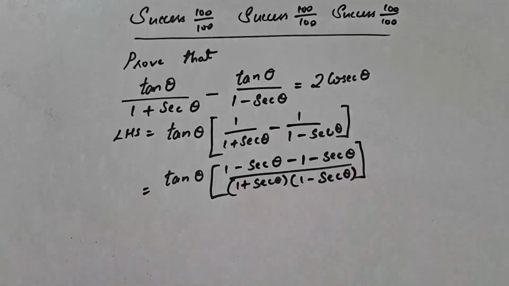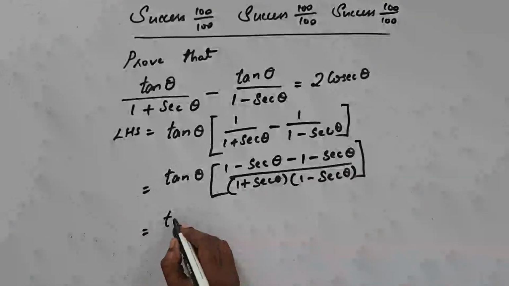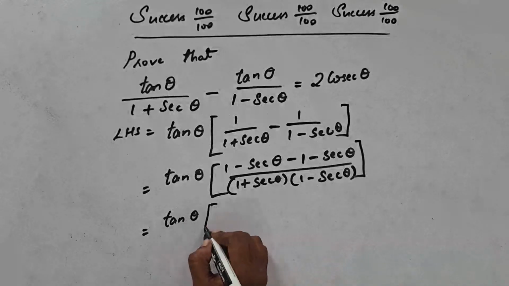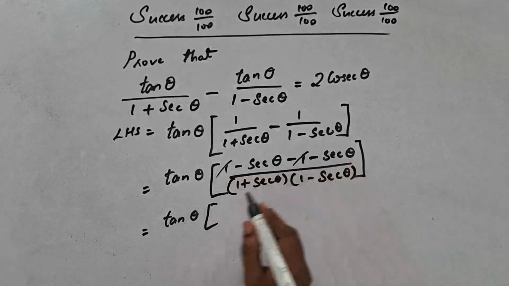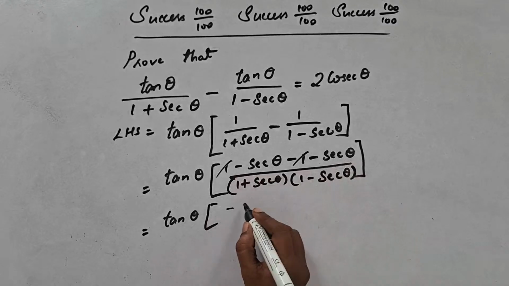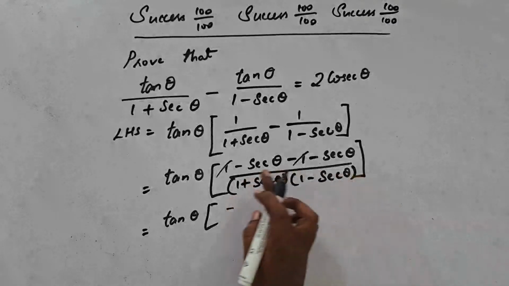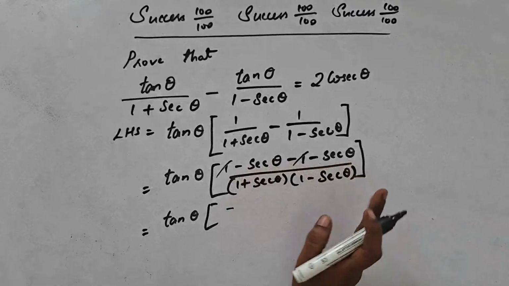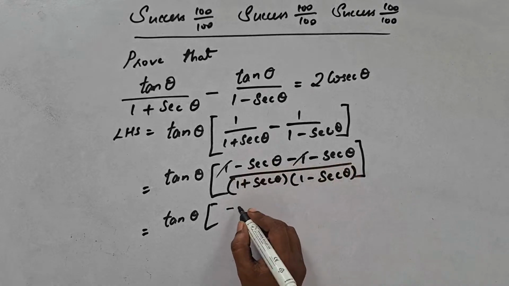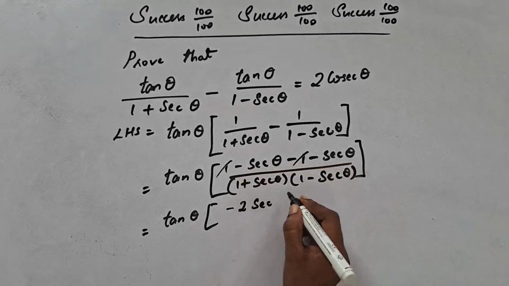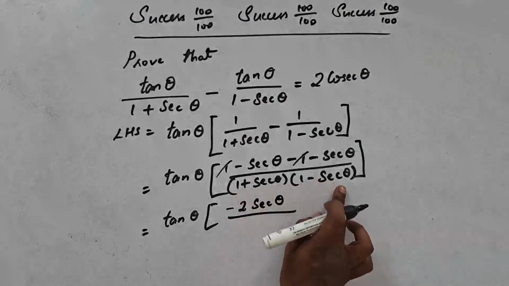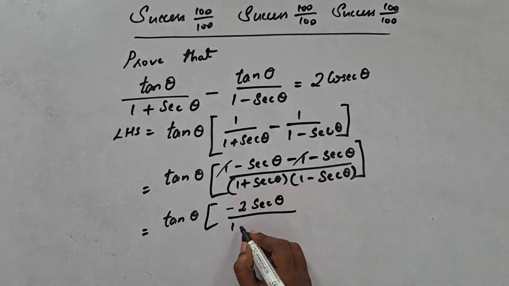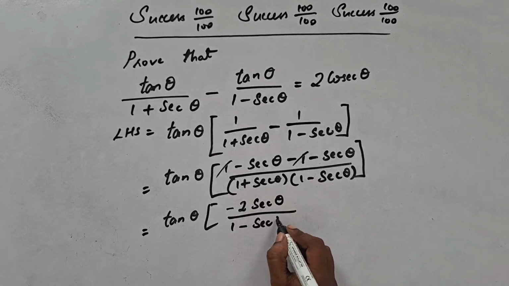That is equal to tan theta, plus 1 minus 1 gets cancelled. Minus secant theta minus secant theta will give me minus 2 secant theta. Divided by a plus b into a minus b, which will give me a square minus b square.